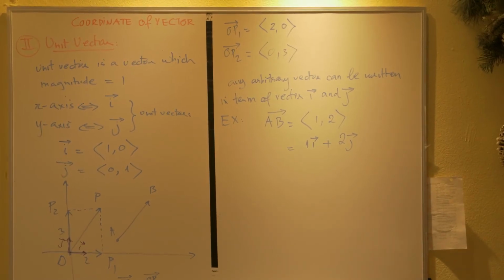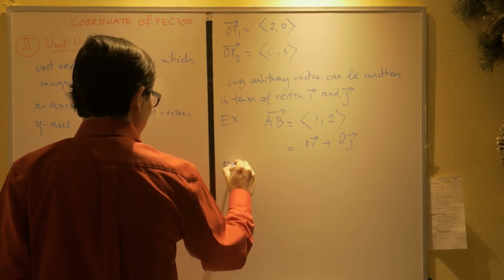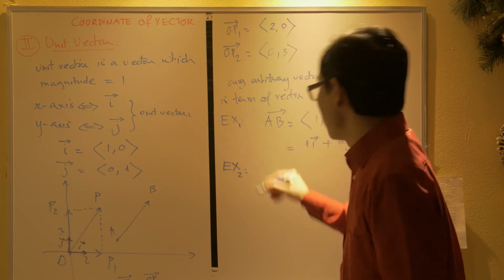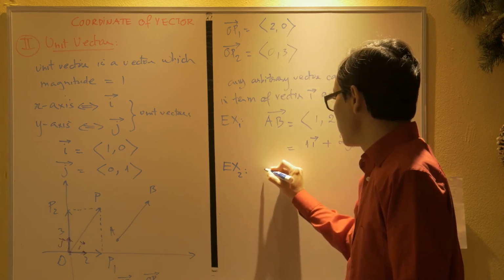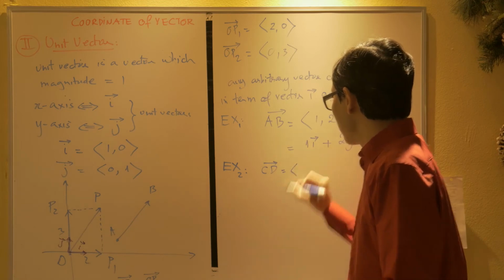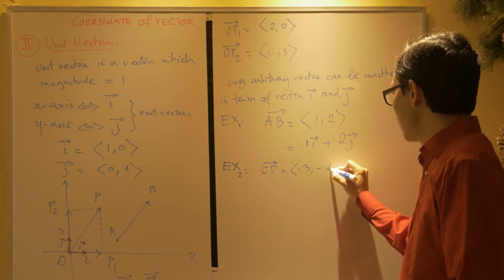I can give you another example when the components of a vector are negative. Example 2. What if I say a vector CD has 2 components, -3 and -4.